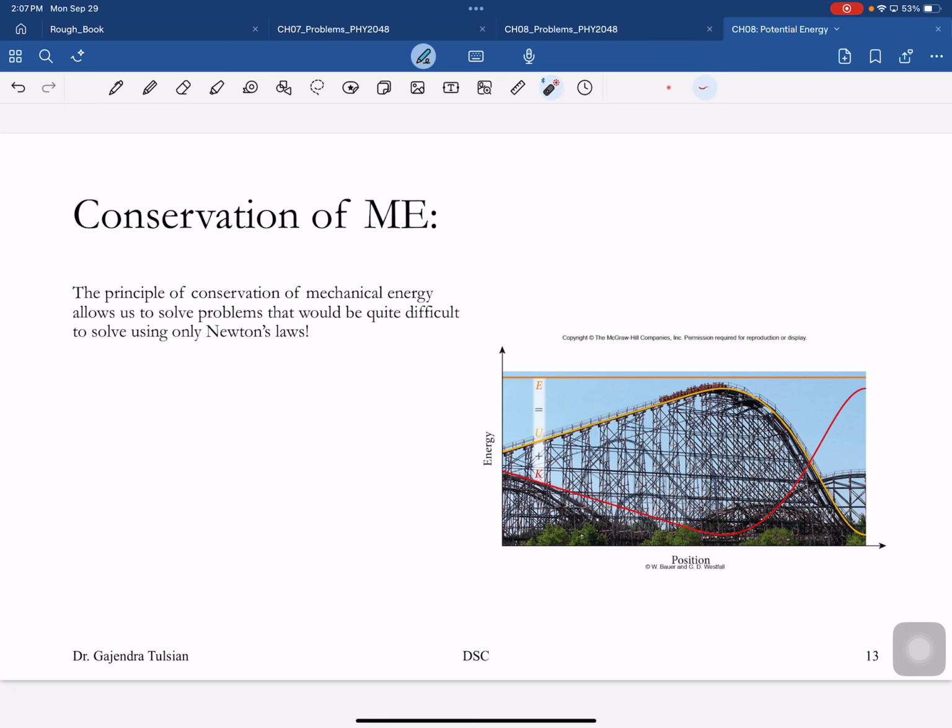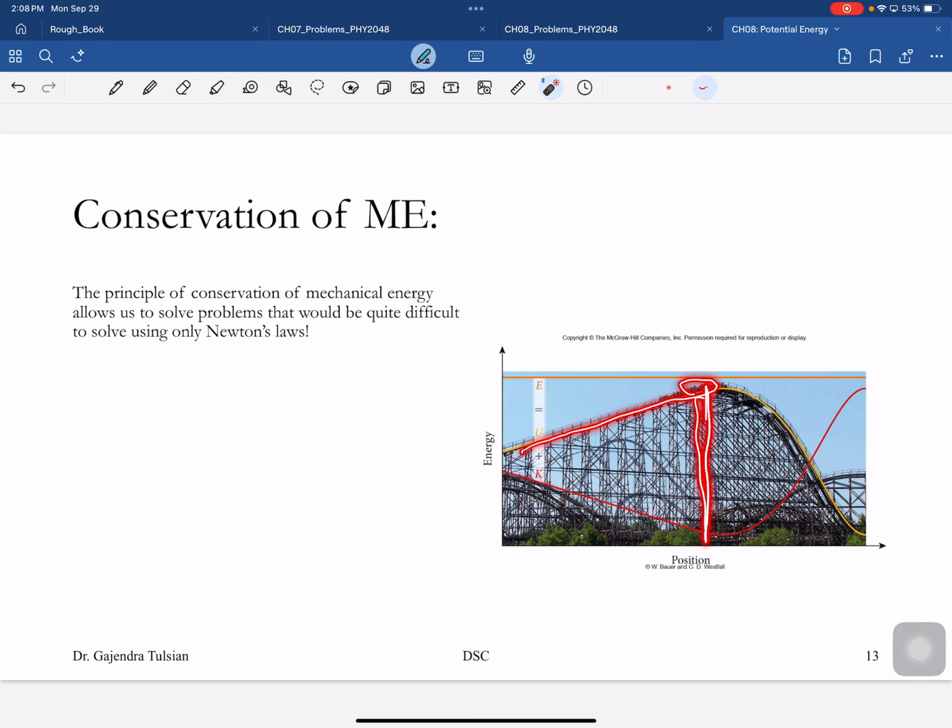spring forces. So for instance here, if this is a roller coaster and it's going on a frictionless path, and it doesn't have a motor, its potential energy plus kinetic energy, the sum of those two, is constant. This yellow curve is mgh.